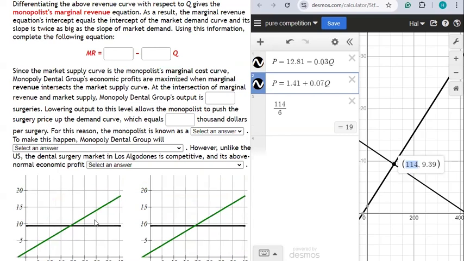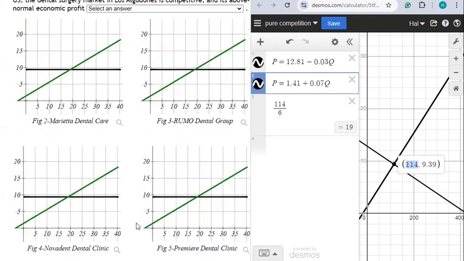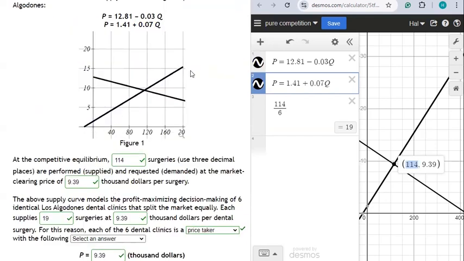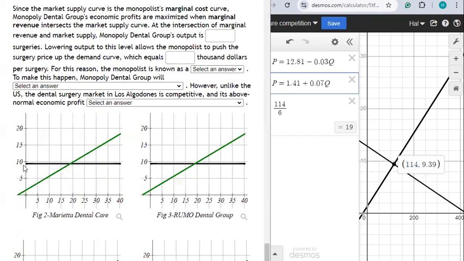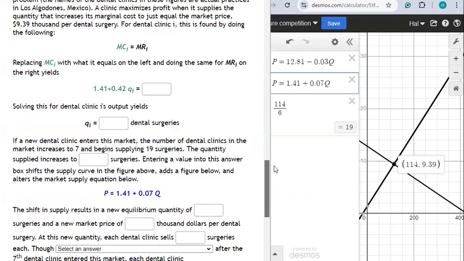So if I sum these green curves horizontally, I get the supply curve, right? So you can think of this as the market marginal cost curve, and this is the market demand curve. So this is the demand curve that they're faced with, perfectly flat. No ability to affect the price. They just take it as given.